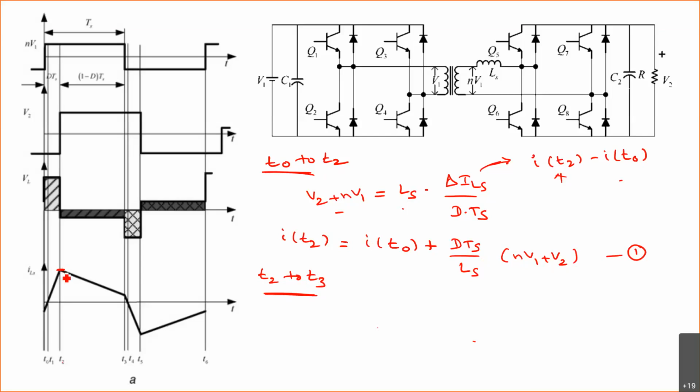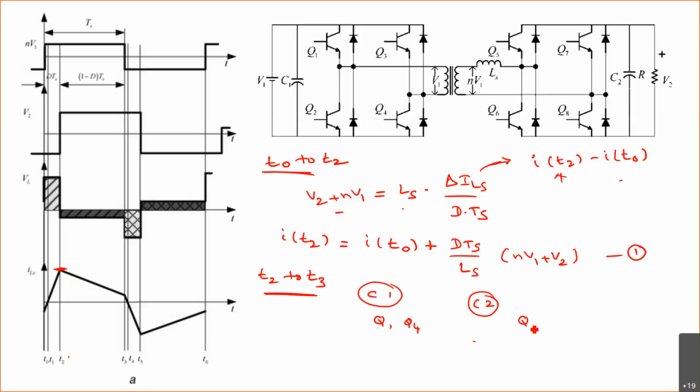During this period, at this T2, which devices in converter 1 are conducting? Again, Q1, Q4 are conducting. In converter 2, which devices are conducting? Q5, Q8.